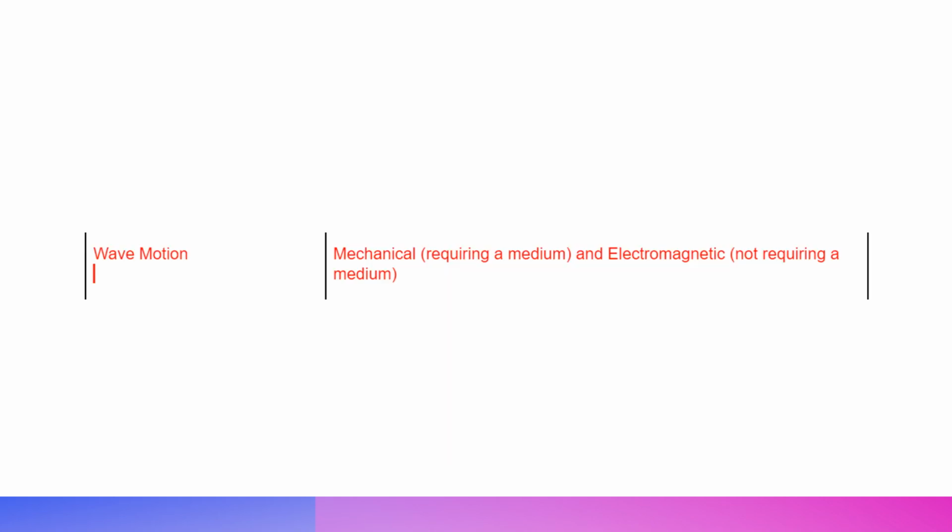We're going to go right here to wave motion. Wave motion, mechanical and electromagnetic. And I did add a couple of details here. As we're looking at wave motion, all waves move, but they can be mechanical or electromagnetic.